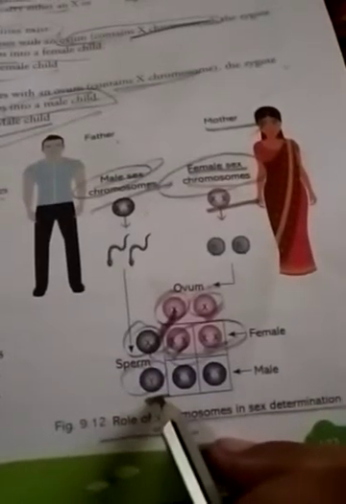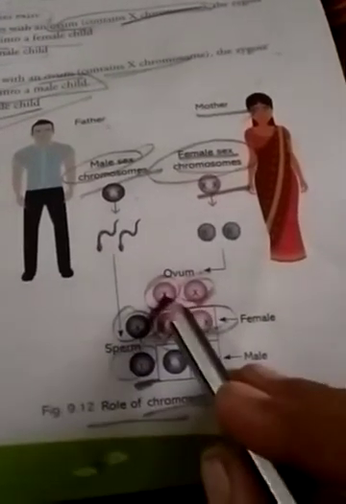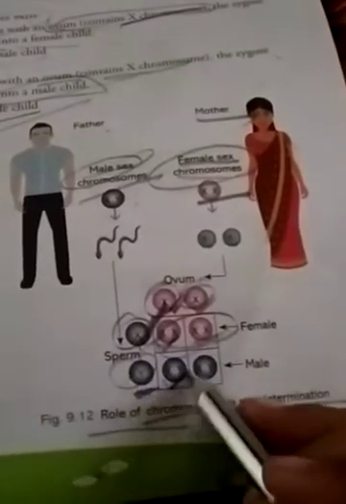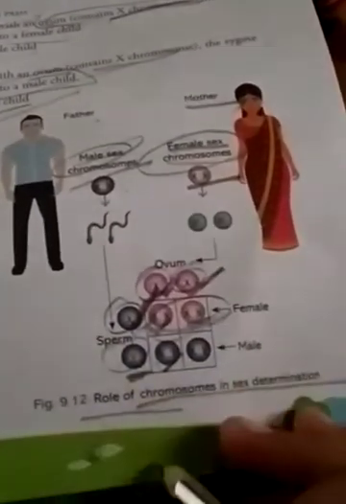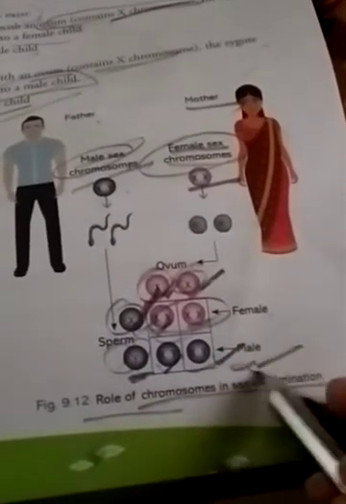When the Y chromosome fuses with an X ovum, it forms XY, the chance of a male child.